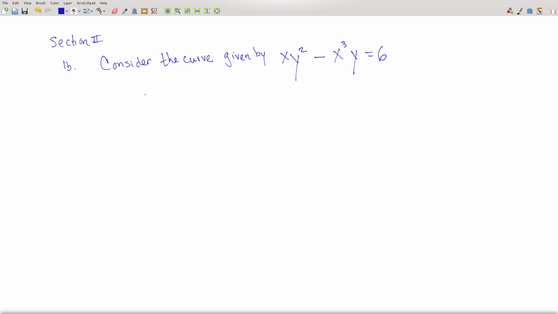In 1a, it asked us to show that this was true, which we did.